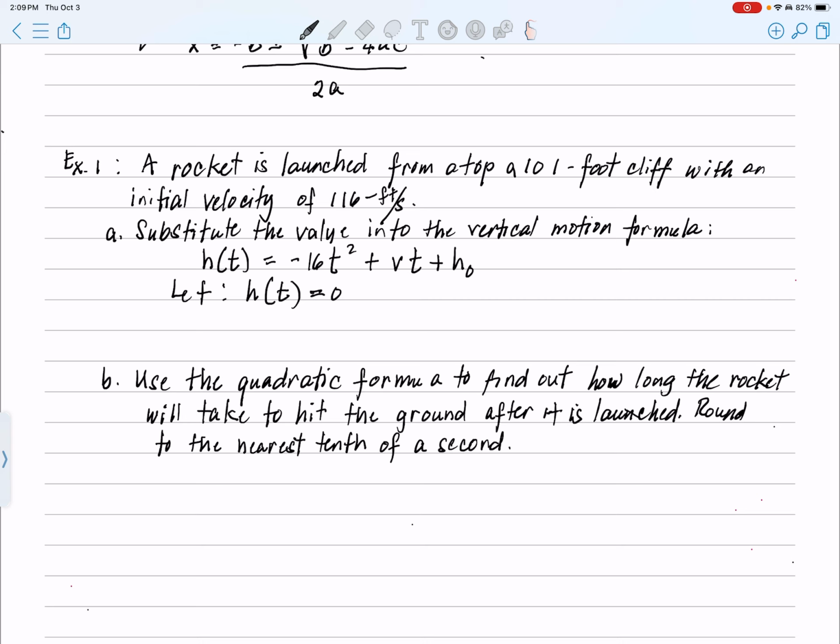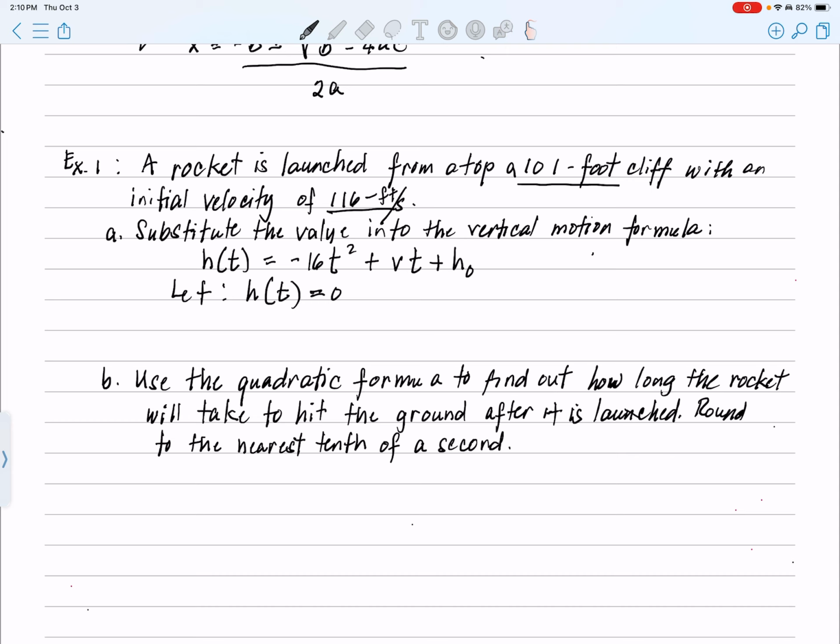Let h of t equal 0. If we look at the problem, these are the givens: h of t is 0.